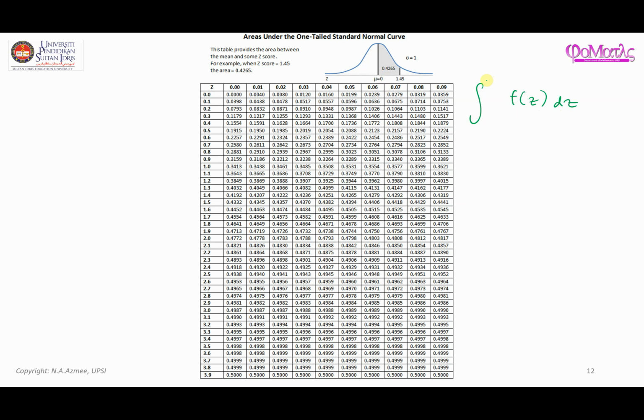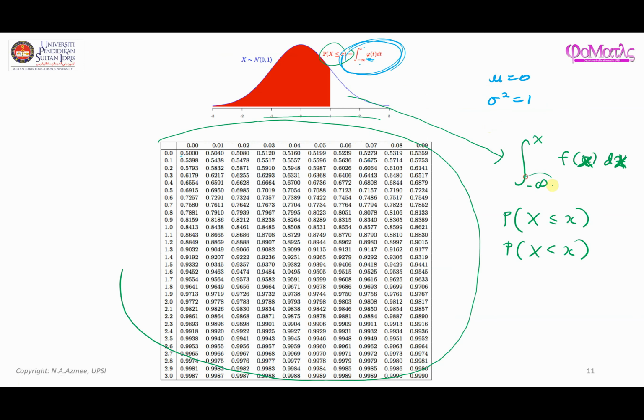The limit here is between some value of z until 0. So you're talking about this specific area from some value of z until 0. So here the lower limit is 0 for this table. On the other hand, here the lower limit is negative infinity, and it goes on in this direction. So that's the difference between the two tables.